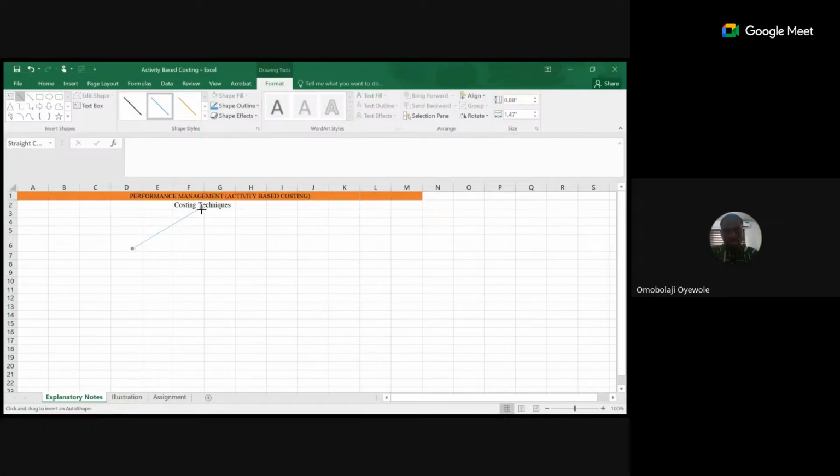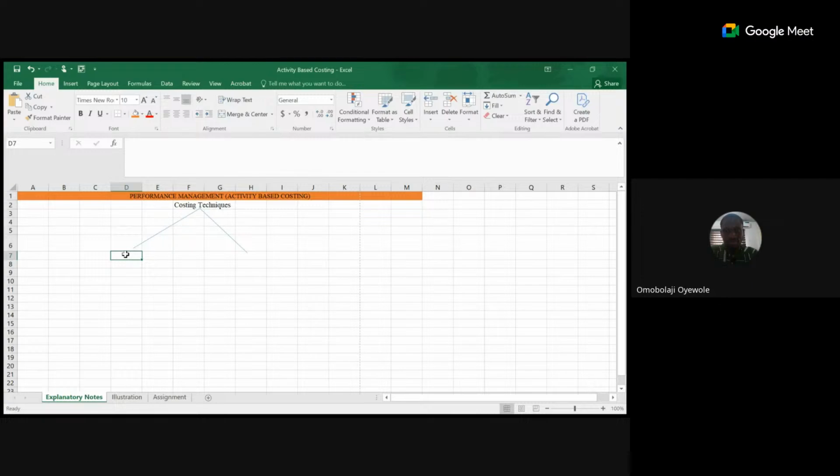For the purpose of this class, the first one we'll be looking at is the traditional costing technique, and the second one is the modern costing technique.